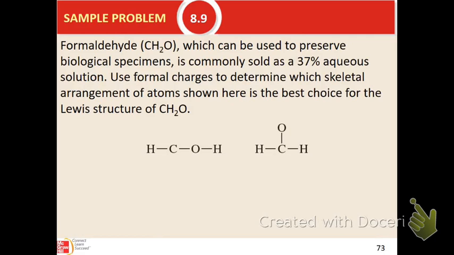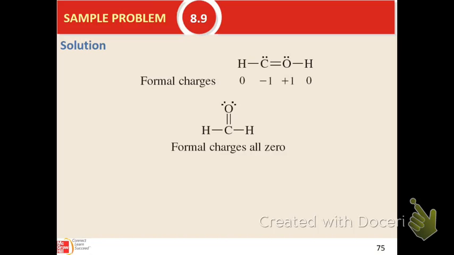And on this one, when you found all of those, they were all 0. These are both the exact same compound. Which one would be right? The bottom one, because all the formal charges are 0. So when there's more than one way you could do your Lewis dot structures, choose the one that gives formal charges that are smaller or 0.